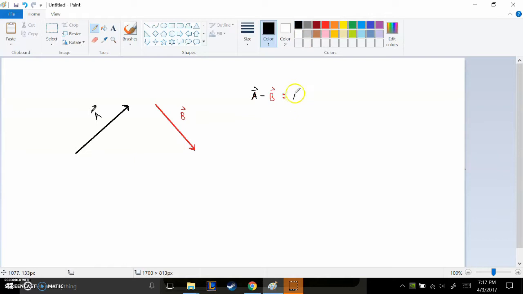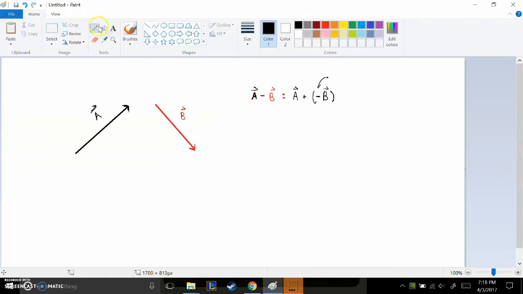So, let's change this to A plus minus B. So what that means is this minus sign tells us to change the direction, because this vector is the same as B, except it has a minus sign which changes its direction.